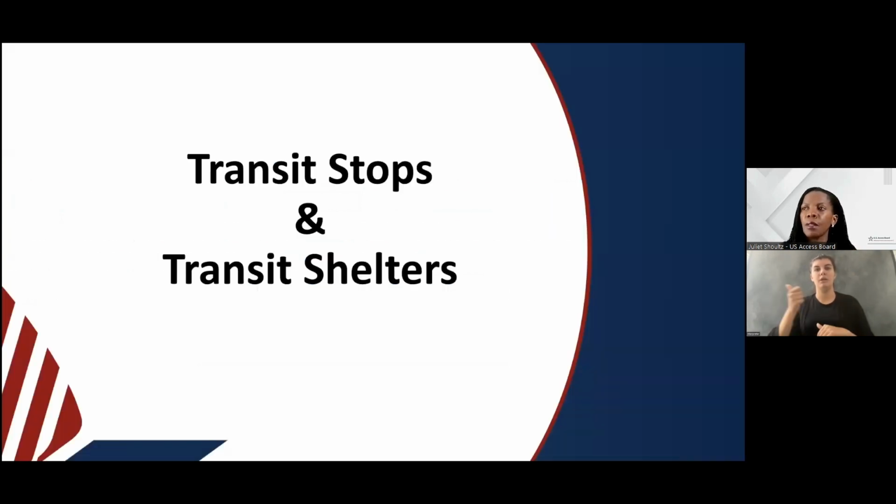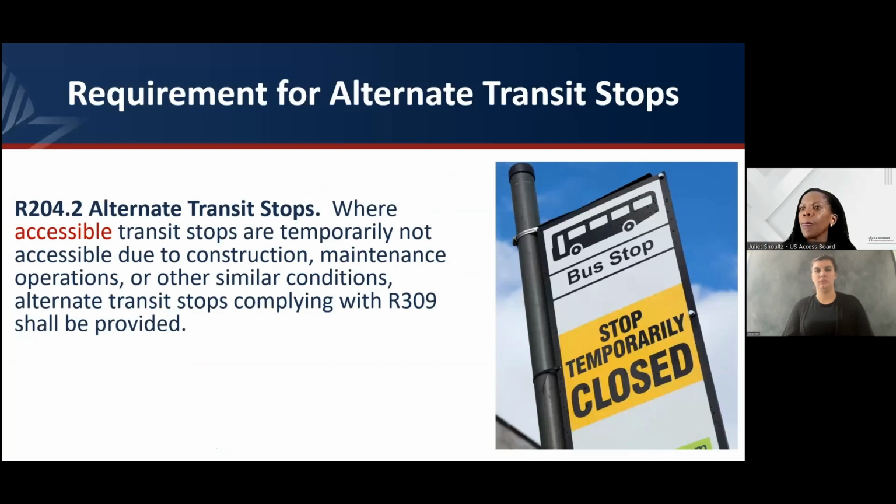Next, we'll look at changes in transit stop and transit shelter requirements. We added a provision in scoping requiring that where accessible transit stops are temporarily not accessible due to construction, maintenance operations, or other similar conditions, alternate transit stops complying with R310 must be provided.